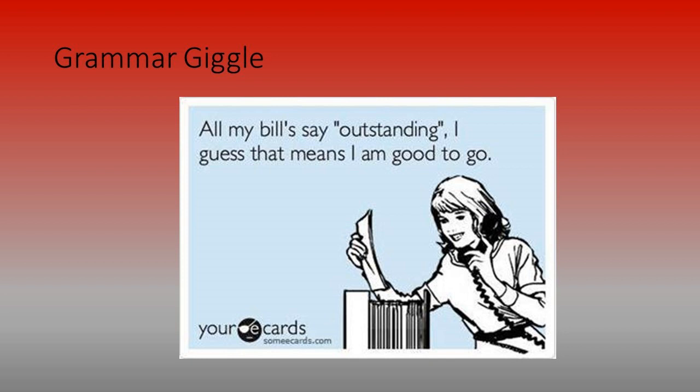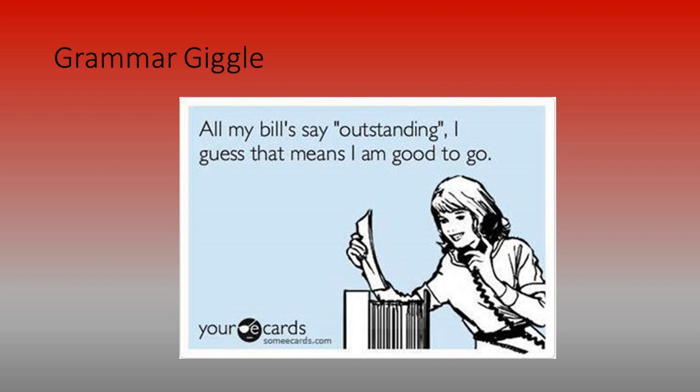Apostrophe does not make it plural, so Bill apostrophe S is incorrect, and the comma should be inside the quotation mark. That's one of my biggest issues, people using apostrophes to make a word plural.